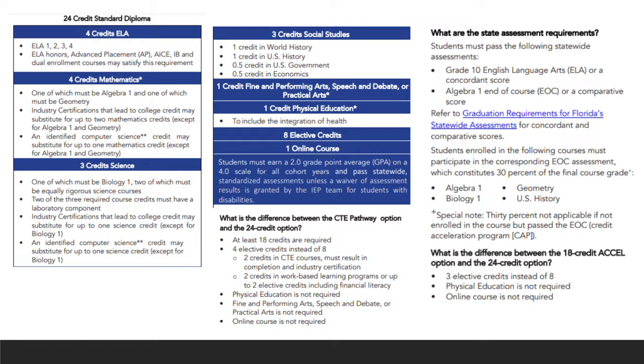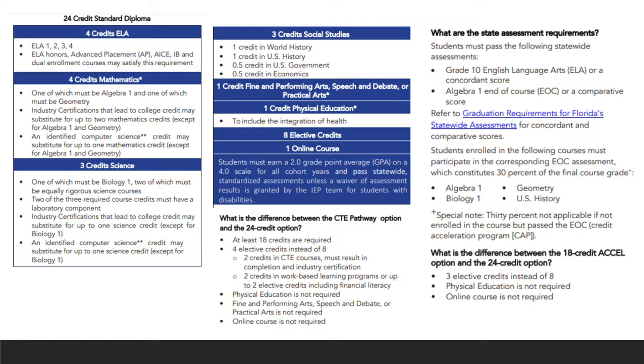But now what is required in place of those is you have to take 2 CTE courses and you have to earn the industry certification. So you take the CTE class, around April you take the associated CTE exam, and then you have to earn the certification in 2 of those CTE classes. And then you have to have 2 credits in a work-based learning program, okay? Or 2 electives, credits including financial literacy.